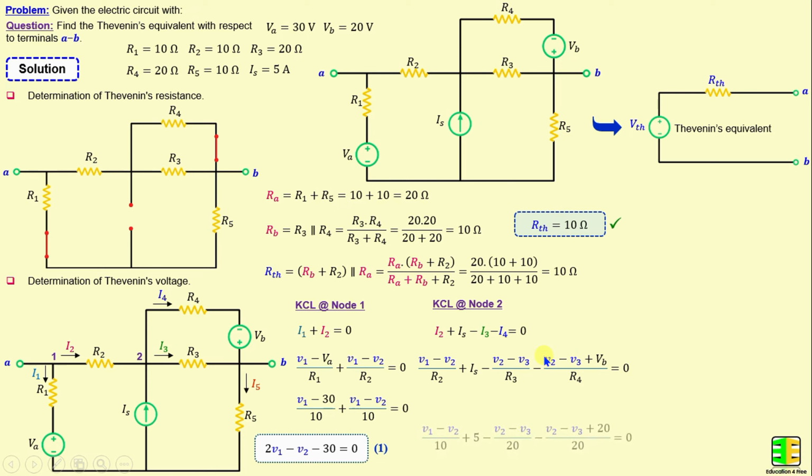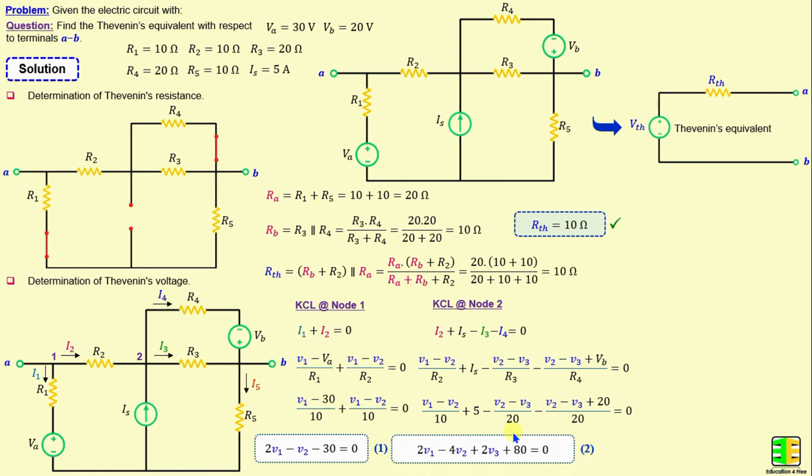If we replace the resistors and the voltage with their numerical values, and we continue simplifying this equation, we obtain 2 times V1 minus 4 times V2 plus 2 times V3 plus 80 is equal to 0.